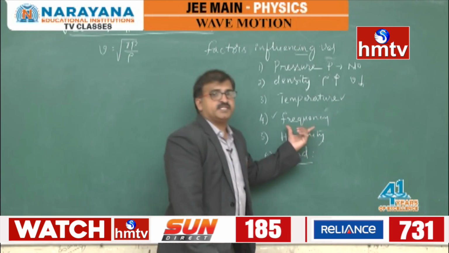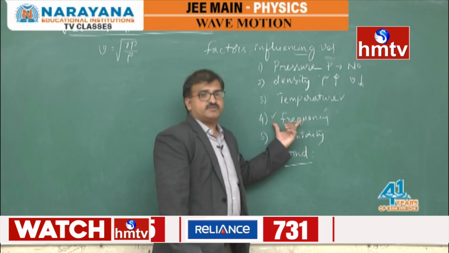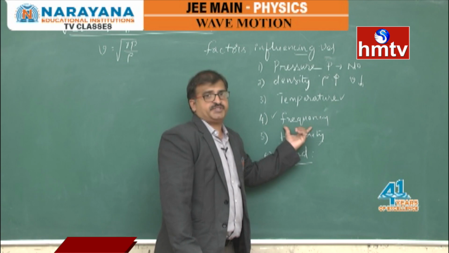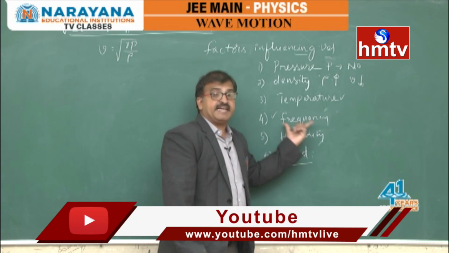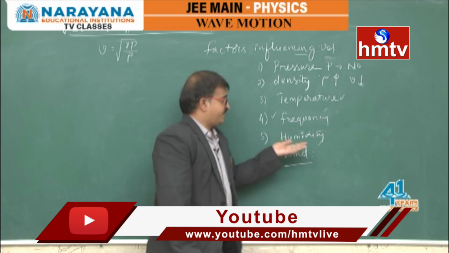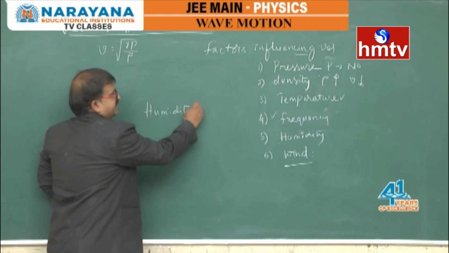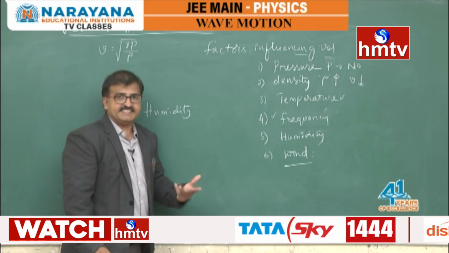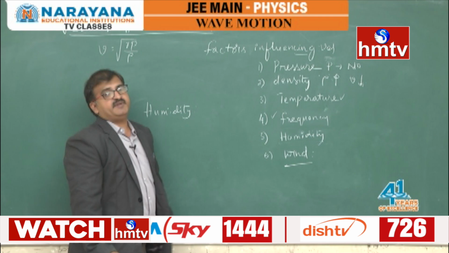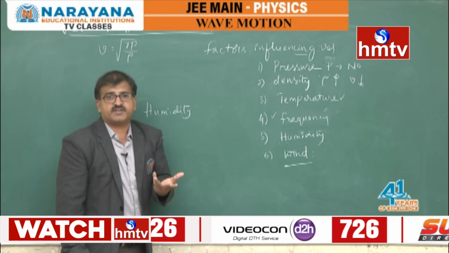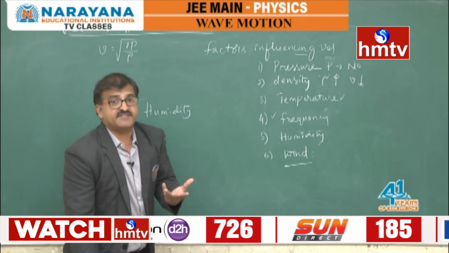Now the frequency of the source: the velocity of sound in the surrounding medium is independent of the frequency of that source. It is independent because it is a characteristic behavior of the source by which it is created. And humidity. If humidity increases, that means the amount of water vapor content present in that medium is increasing. In air it is increasing. That means 1 cc of H2O, if it is converted into water vapor, occupies 1671 cc.